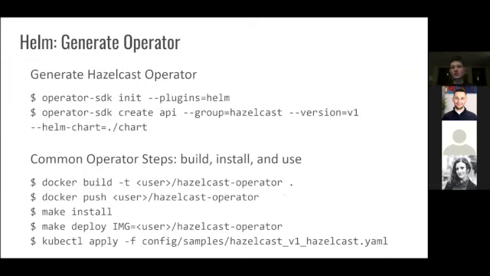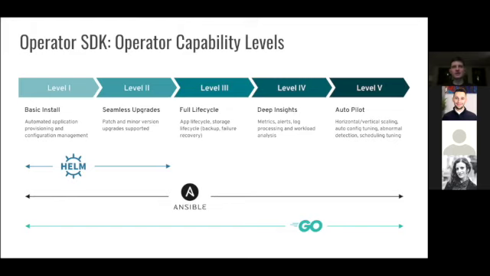If you look at the description, the operator SDK is developed mainly by Red Hat, and they provide something like capability levels, meaning if you create an operator from Helm, you can provide some basic functionality, but you cannot do some very complicated stuff, which makes sense because Helm is limited to templating Kubernetes configurations.